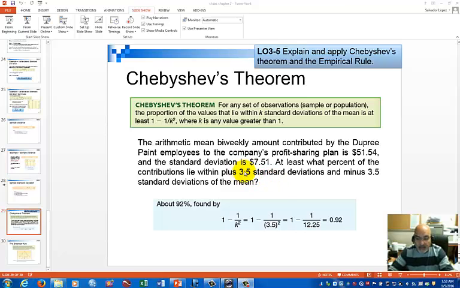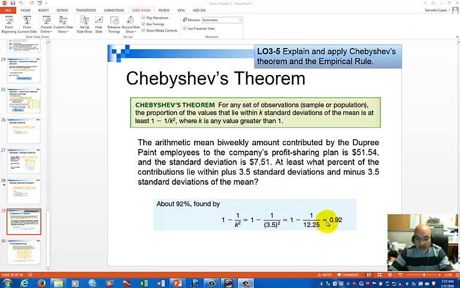You just replace these numbers, 3.5, into the formula and write 1 minus 1 over 3.5 squared, equals 1 minus 1 over 12.25, equals 0.92.